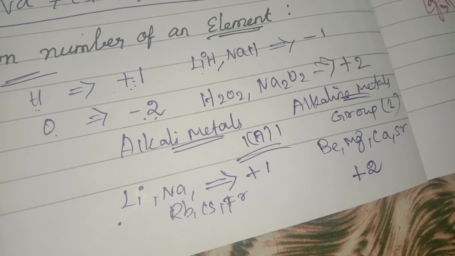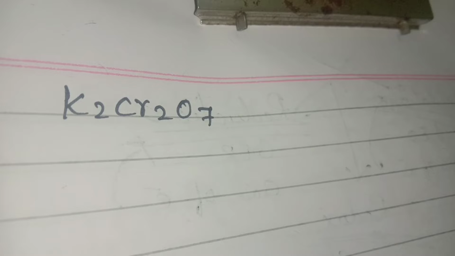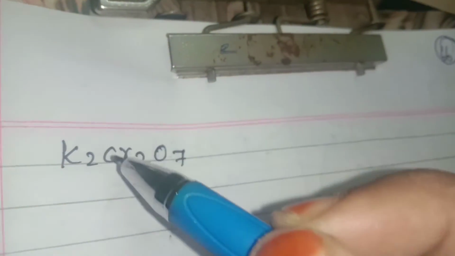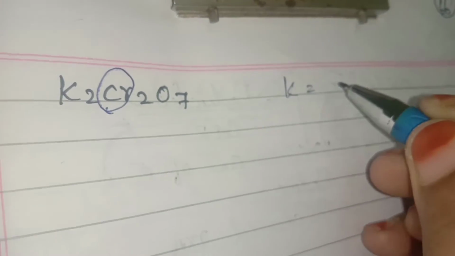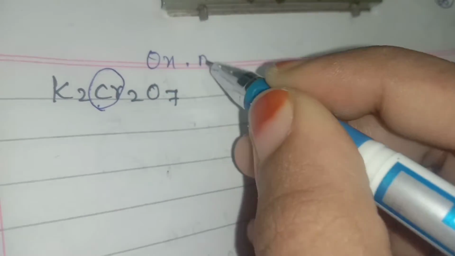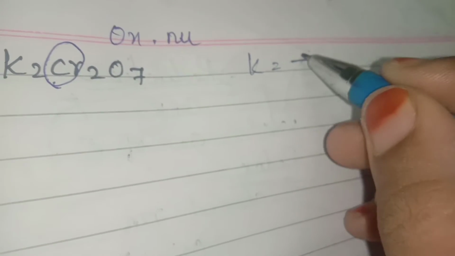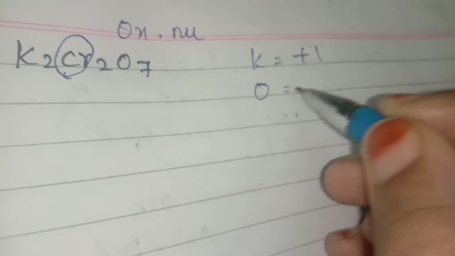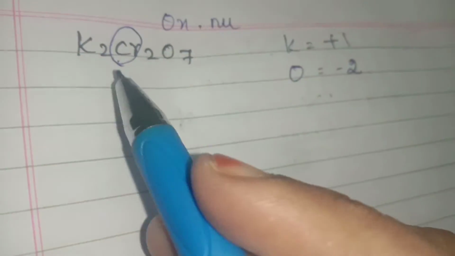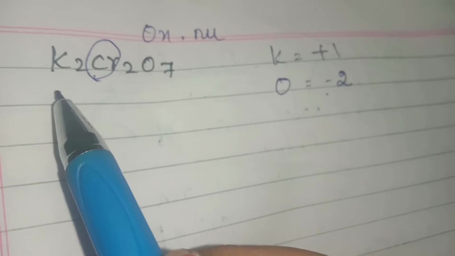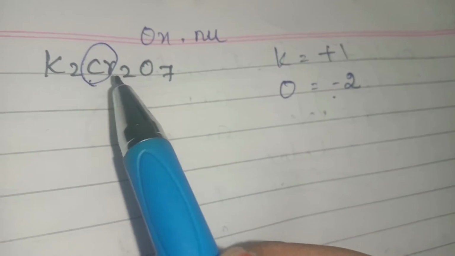We are going to calculate the oxidation number here. For which element? For chromium we are going to calculate. For potassium we already know. For potassium, what is the oxidation number? +1. For oxygen it is -2. So we already know, and we are going to substitute these values here and calculate the value for chromium.